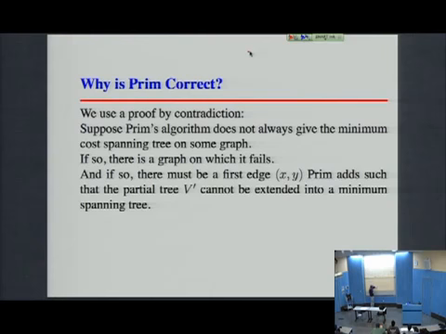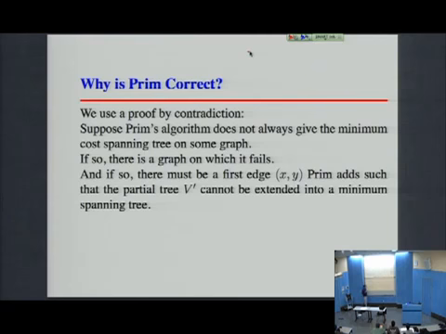Is it still connected? No, but why not? It wasn't part of the cycle, right? So when I add this edge back to my tree, it creates a cycle. Note that I could delete any edge from that cycle, and I would still have a spanning tree. Does everybody agree with that? This may sound long-winded, but this should now be obvious.